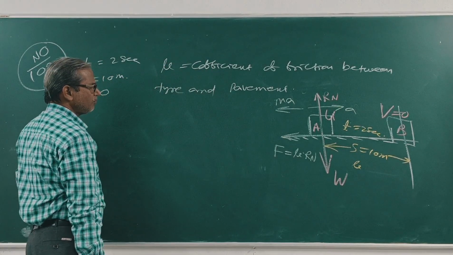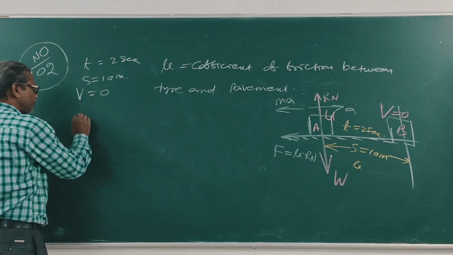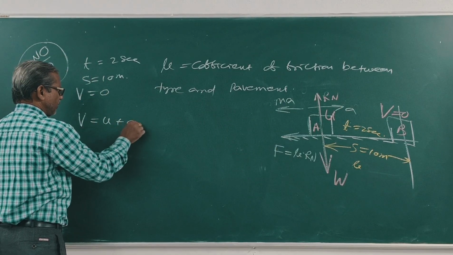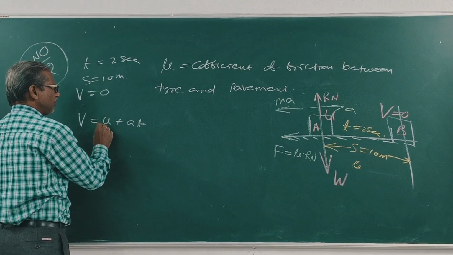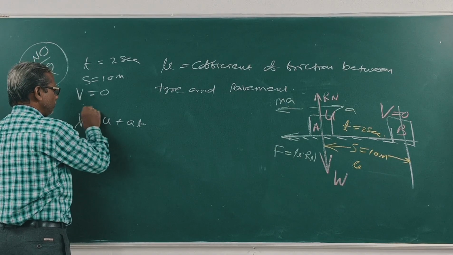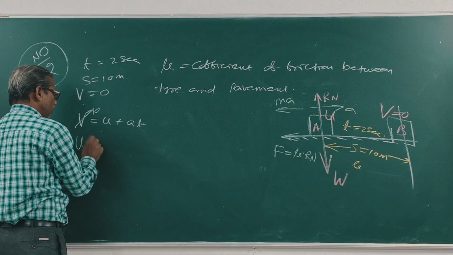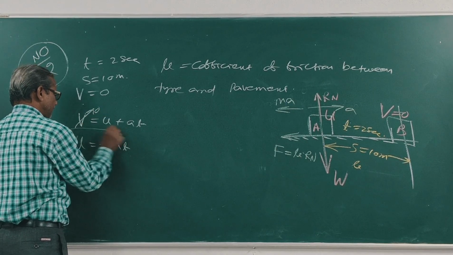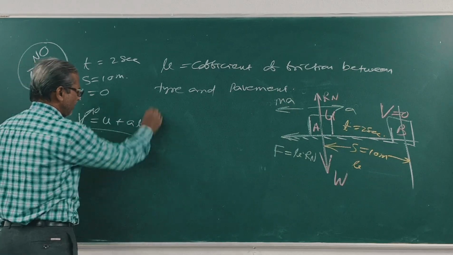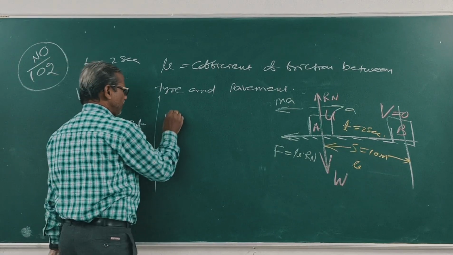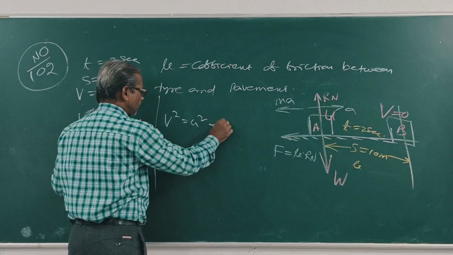Now V is equal to U plus at. V is 0, so U is equal to minus at. Again, V square is equal to U square plus 2as.